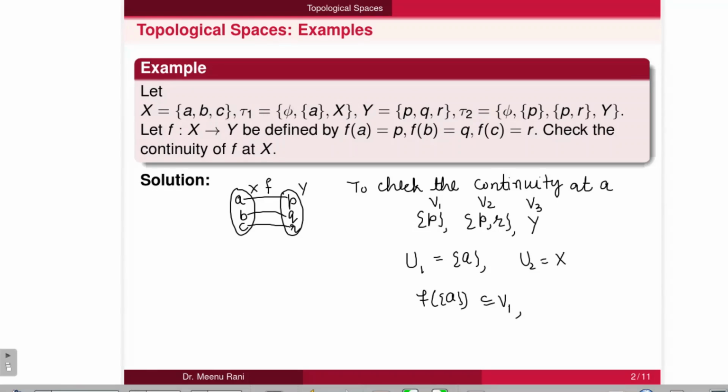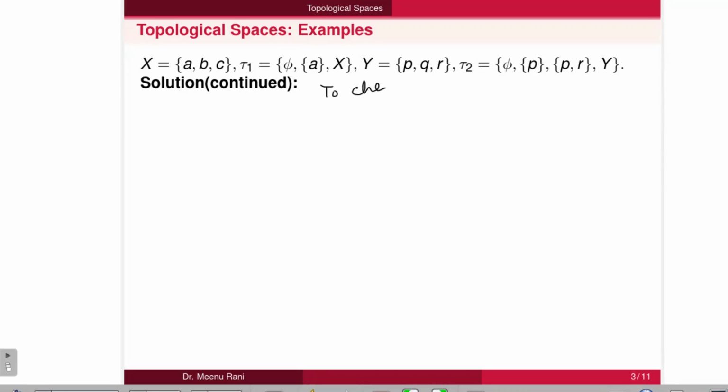For V2, again we take U1, so F of A is contained in V2 also. And for V3, which is Y, we can take U2 also, as F of X is contained in Y. So it is true for all the open sets in Y containing F of A. So we can say that F is continuous at point A.